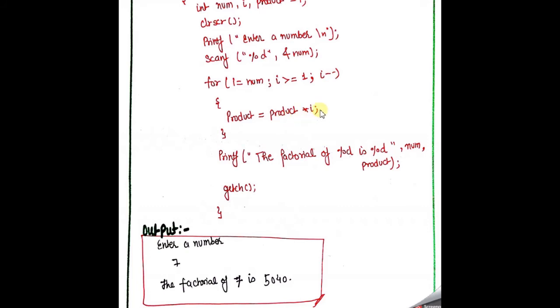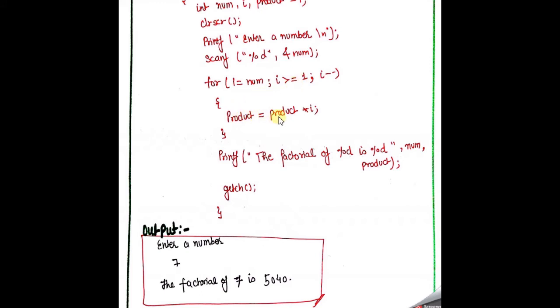So 3 multiplied by 2 is the updated value of the product. Note that the product is updated each and every time. So now the updated value of the product variable is 3 multiplied by 2. Again it wants to move outside of the loop, but it tells us no, perform I minus minus. So the updated value of I now becomes 1. Is 1 greater than or equal to 1?